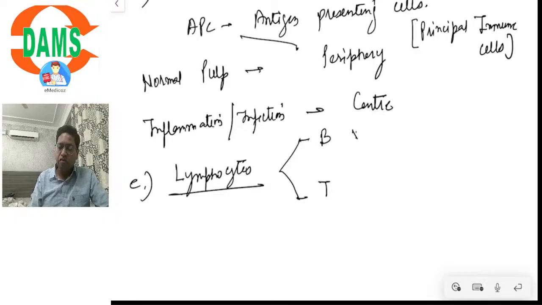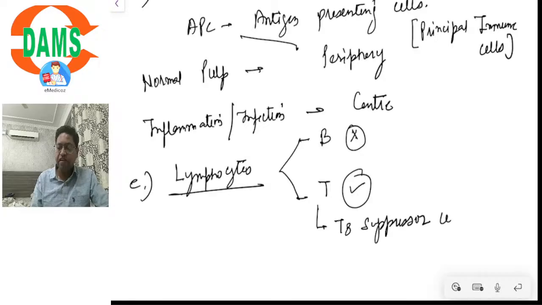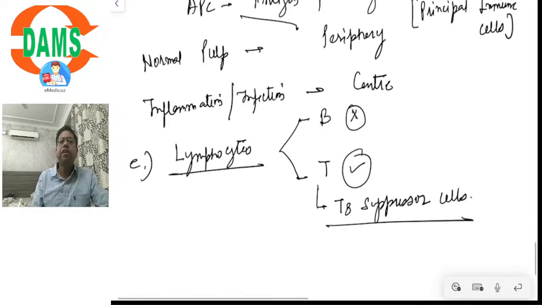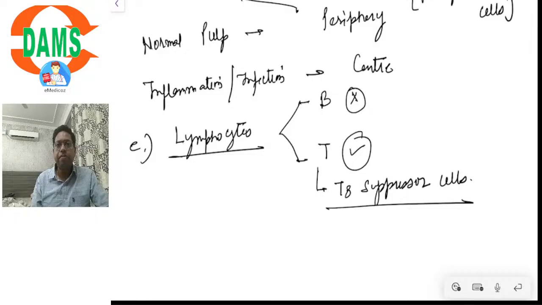There is no conclusive evidence of the presence of B lymphocytes, but T lymphocytes are definitely present in the dental pulp. What are the T lymphocytes? T8 suppressor cells. They are the predominant T lymphocytes present in the dental pulp, and as the name indicates, T lymphocytes contribute to what type of immunity? Cellular immunity of dental pulp.